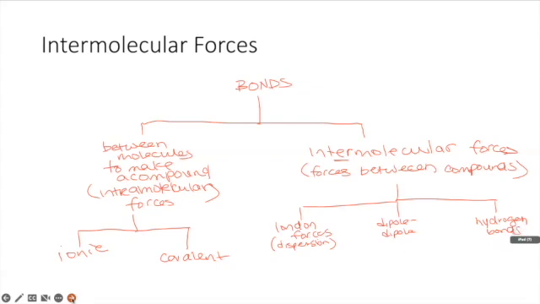London forces or dispersion forces only occur between nonpolar molecules. I keep saying molecules when I mean to say compounds.